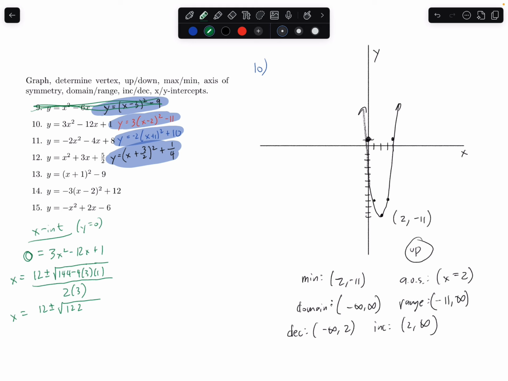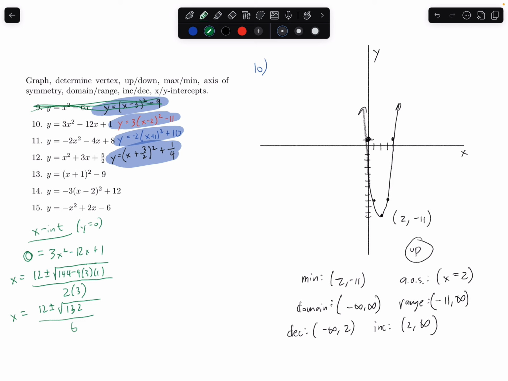Oh, that looks like an ugly number. I'm going to bust out my calculator for this one. 144 minus. Actually, I'm sorry, I subtracted wrong. That's 132. Okay, that's all over 6.